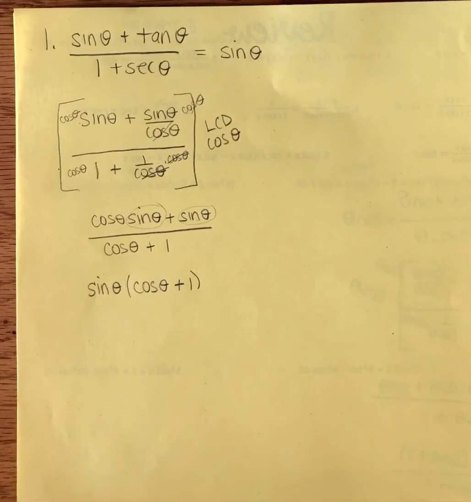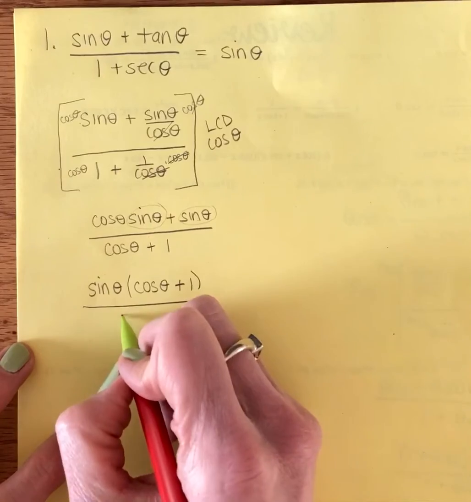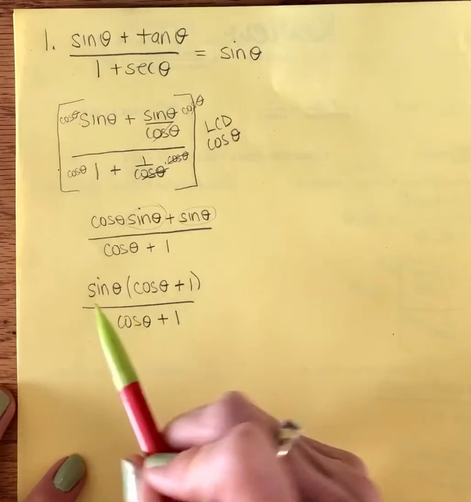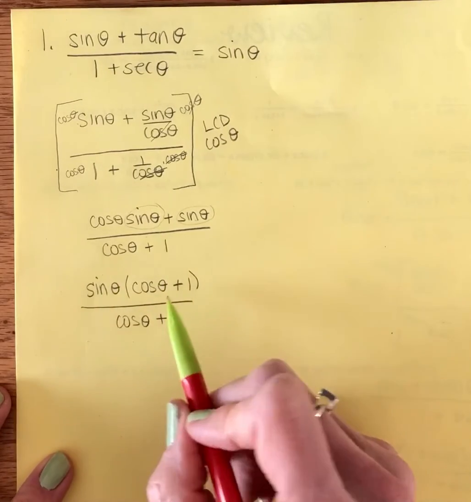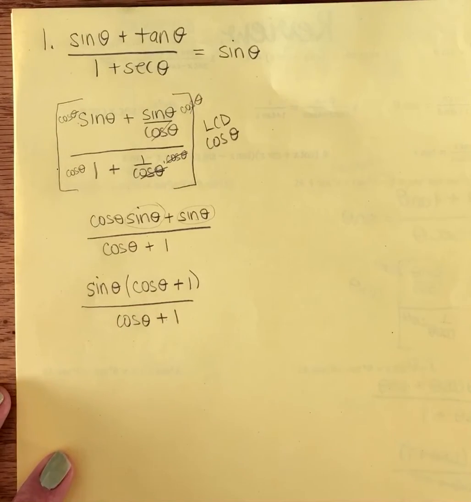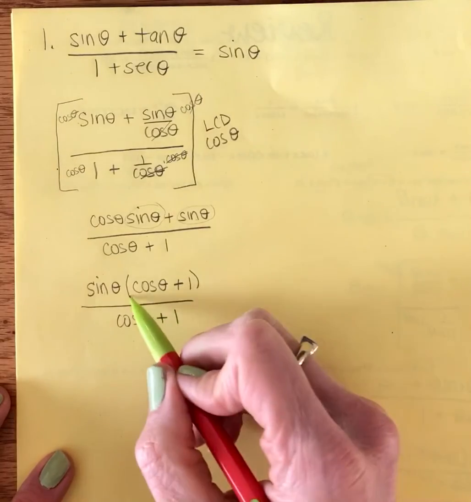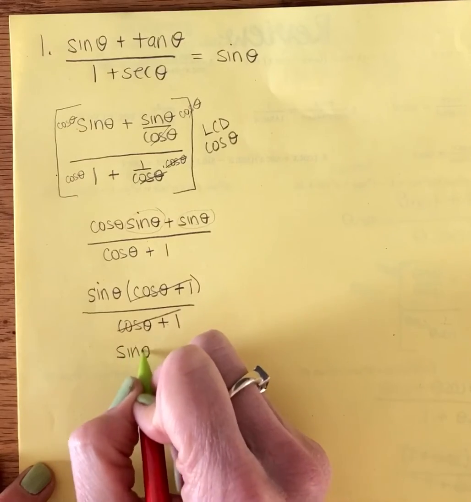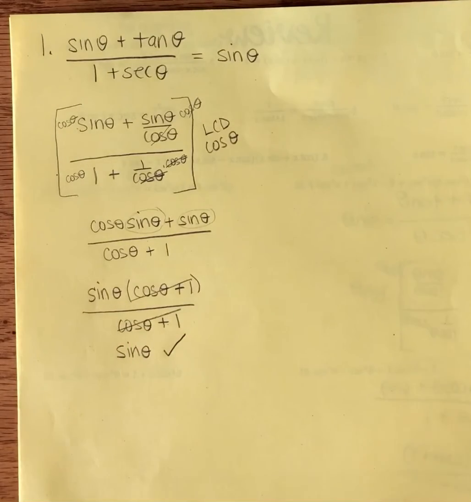We talked about that. Over cosine theta plus 1. Now, sine theta is a factor. Cosine theta plus 1 is a factor. This cosine theta plus 1 is a factor. Since they are factors, we are able to divide them out. And now I'm just left with the sine of theta, which is what I wanted. Okay? So that method you should try on problems 3 and 5 as well.